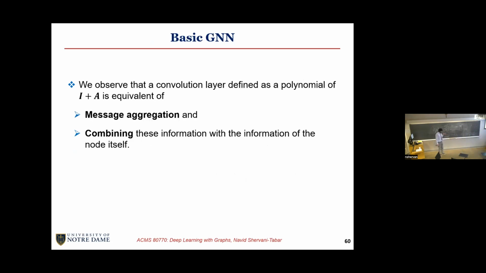So in general, the idea that we follow is that if we use something as I plus A, and we construct some polynomial based off of that, this will have two notions. This will have A, gathering information from the neighborhood, and it will have I, combining the message of the node itself to the information from the neighborhood.